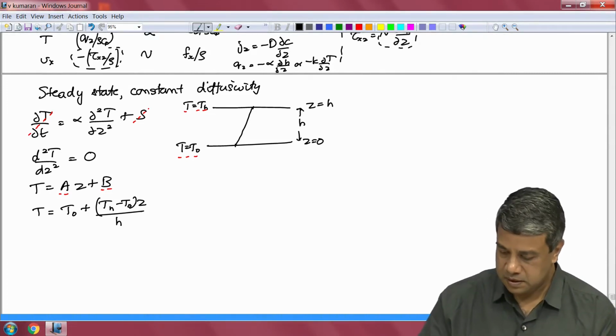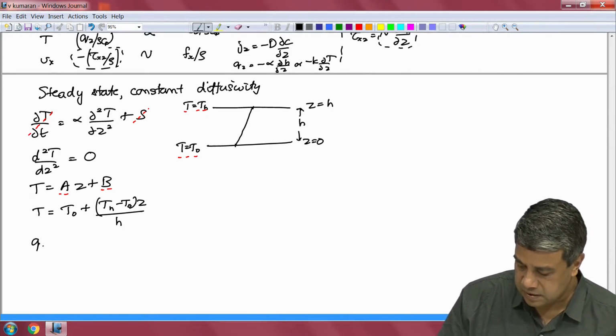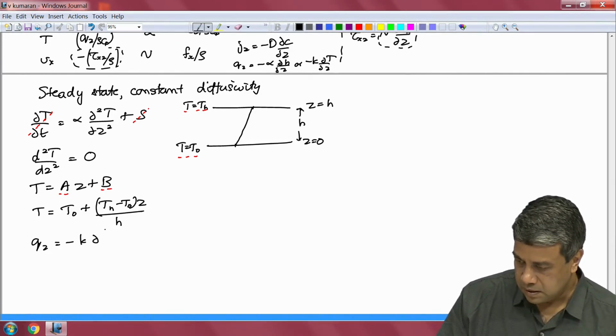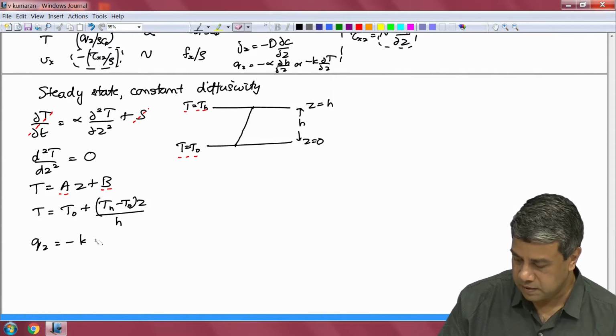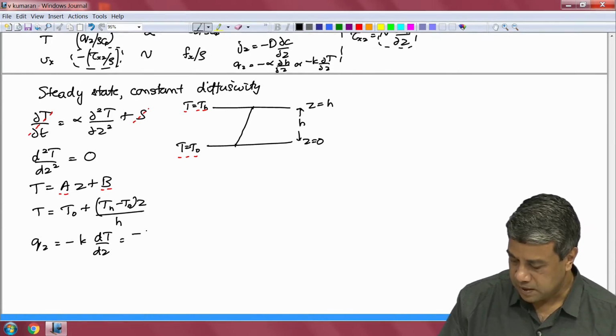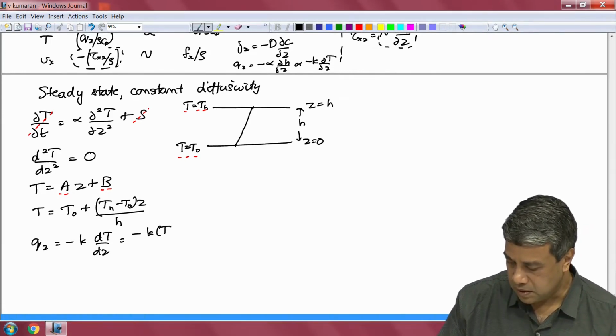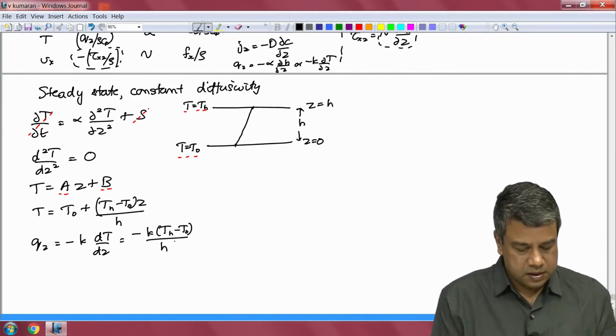From this you can get the heat flux Qz is equal to minus k dT by dz, the total derivative in this case because the temperature is independent of time, which is minus k into (Th minus T0) by H. That is the heat flux.